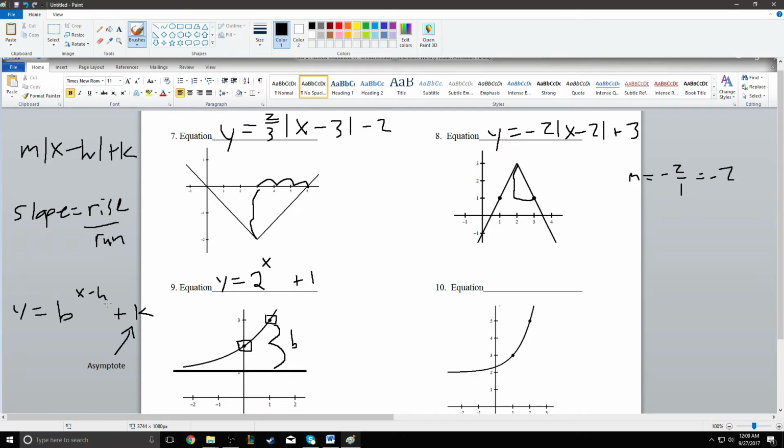And again, h represents your horizontal shift. There is no horizontal shift. This first point is on the y-axis like a good point, so you just leave it. You're done. For number 10, again, let's identify these two important points right here. And let's make our asymptote.